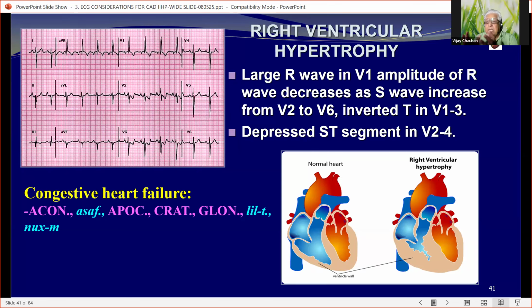Gradually that muscle mass becomes a burden and the heart dilates, so failure starts. But failure is a very terminal stage. Initially it is hypertrophy. Again, we can remember the same drugs we have taken for left atrial hypertrophy, most probably.